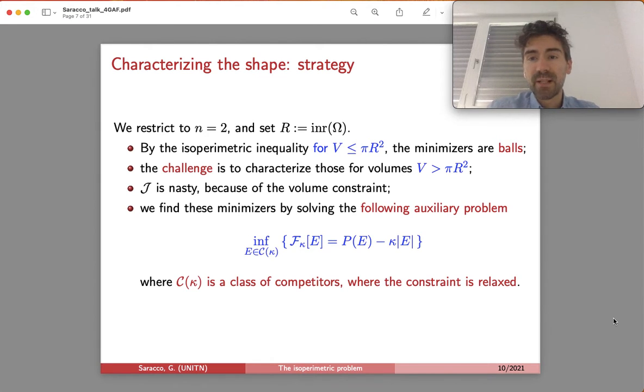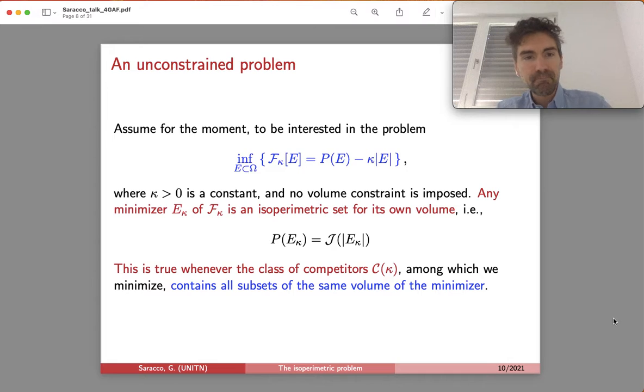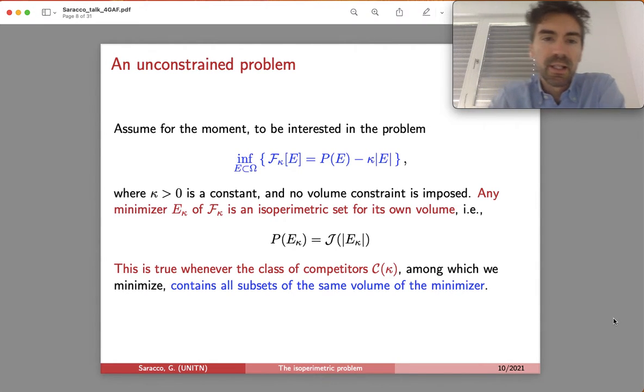And we will minimize this functional in a class of competitors where the constraint is relaxed, okay? So we will no longer ask the volume of the competitors to be fixed and equal to V, but something less. And this will make our lives much easier. And okay, so this is more or less the strategy. And let me start with this remark.